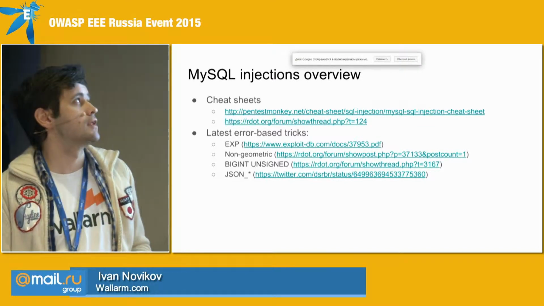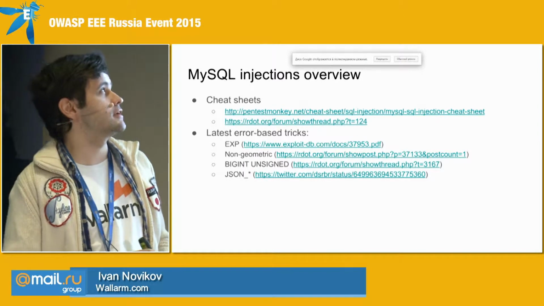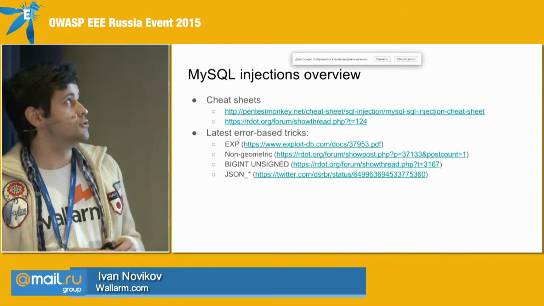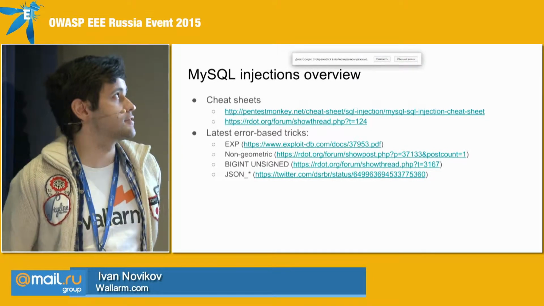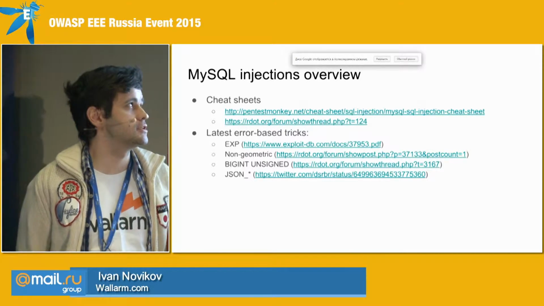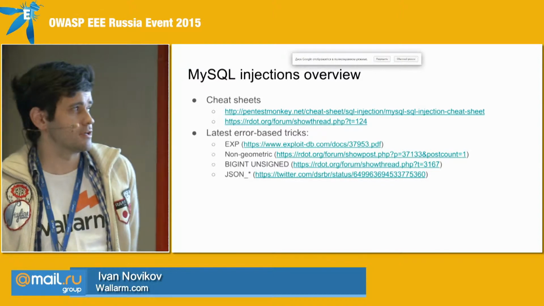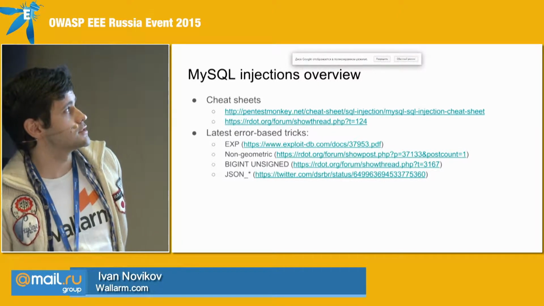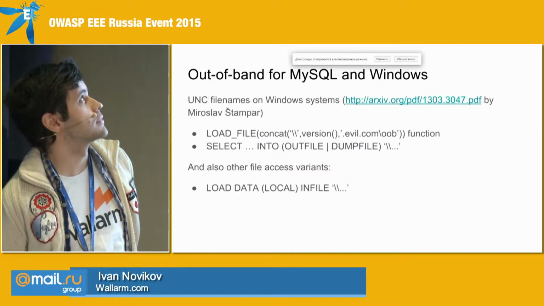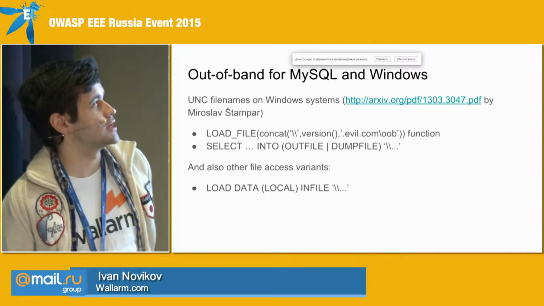And also the latest research is present there. It's different research which described new error-based tricks such as non-geometric tricks and big int signed errors and JSON errors and something like that. It's really useful to exploit server-side errors and SQL errors.